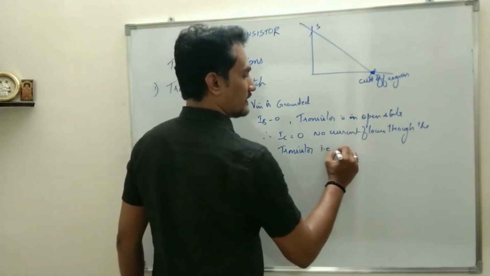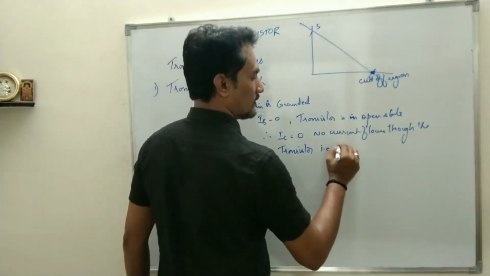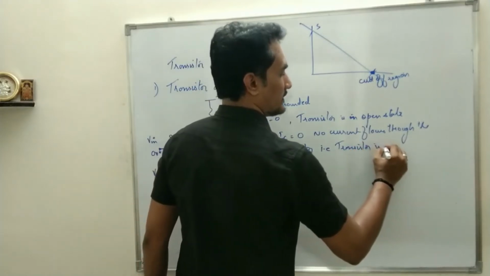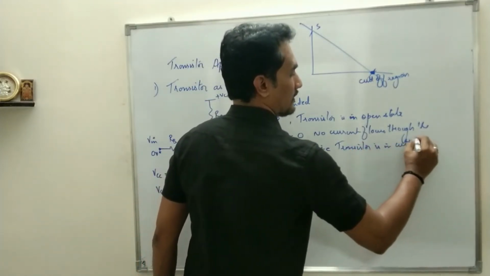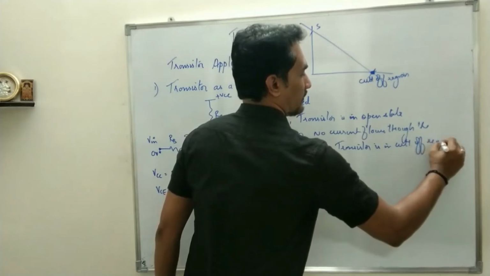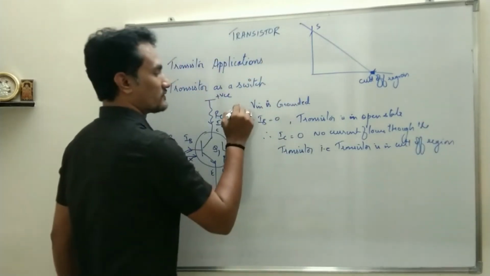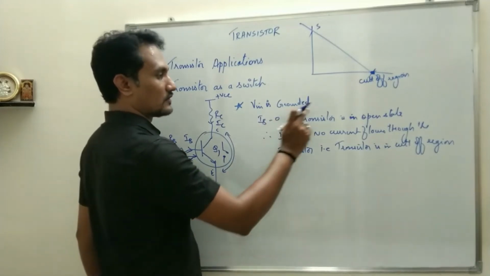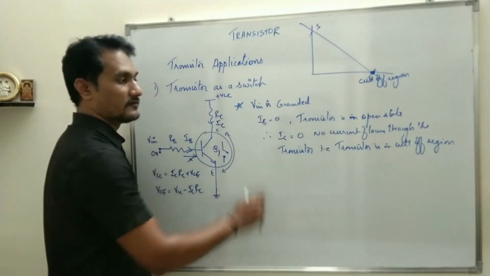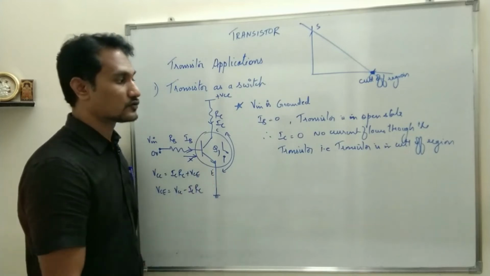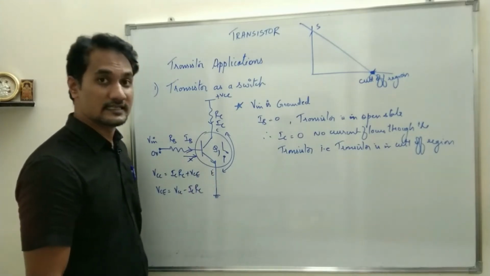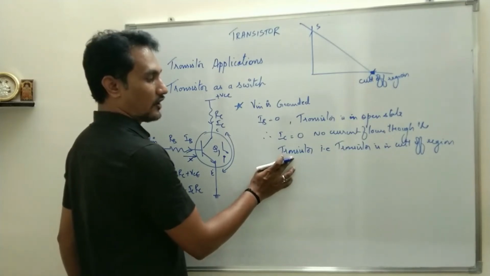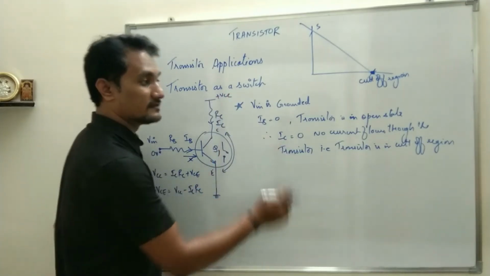That is, transistor is in cutoff region. Okay, so first state, when Vin is grounded, IB is equal to 0, transistor is in open state, IC will be equal to 0, no current flows through the transistor, that is transistor is in cutoff region. Okay, that means transistor is in off state. So one of the states is reached.